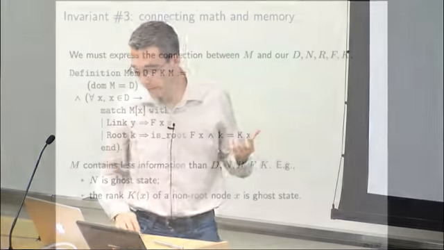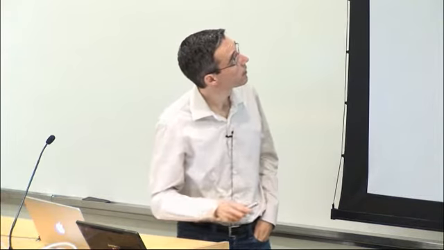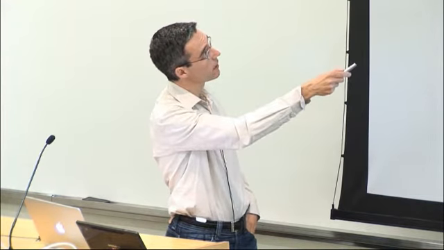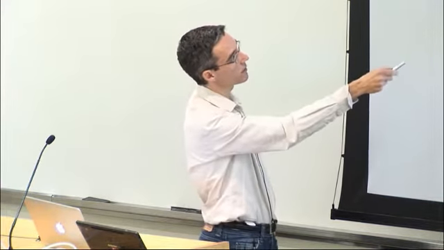And then we need to connect the first two things that we just saw. On the one side, we had the mathematical reasoning, and on the other hand, we had this group ref assertion, and we need to say what's the connection between them. So that's what this third part is about. We have to say that the domain of the map M, which exists in memory, is in fact exactly D, the D that appears in the mathematical invariant. And we also have to connect the content.